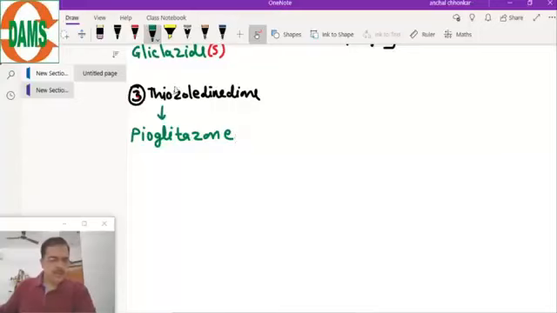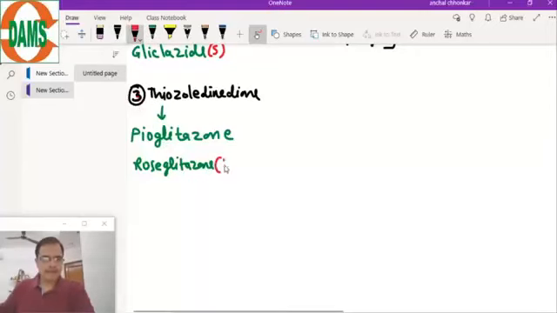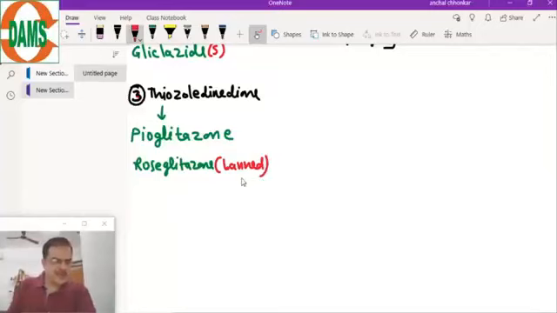Now, coming to the thiazolidinediones, pioglitazone is the drug, while rosiglitazone is banned. This is mentioned in some textbooks. Rosiglitazone is a banned drug now because of the risk of CHF, congestive heart failure. So we are using pioglitazone.